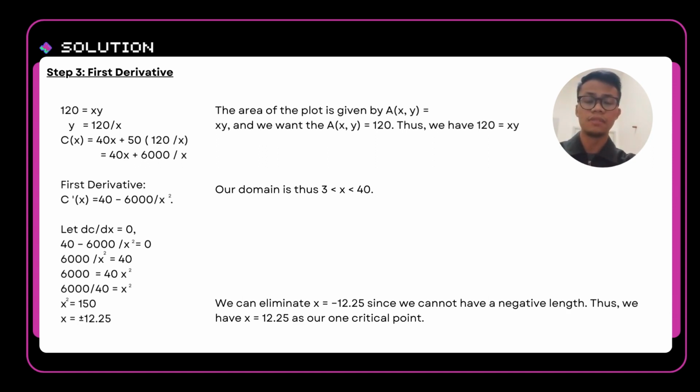Now insert that value into the calculator. We will get x squared equals 150, and then we find the square root of it. It will be equal to 12.25 after it has been rounded off. Thus it is actually plus minus 12.25, but we can eliminate the negative one since we cannot have a negative length. So we will have 12.25 as our one critical point.